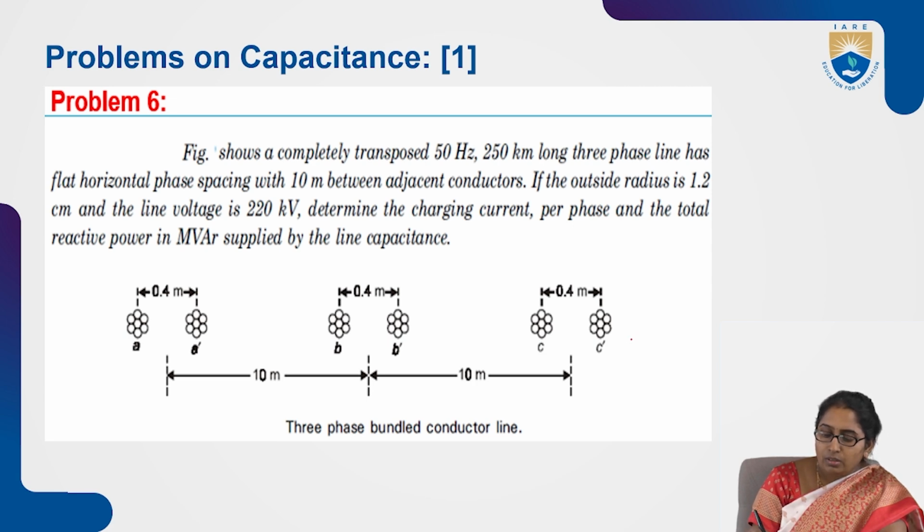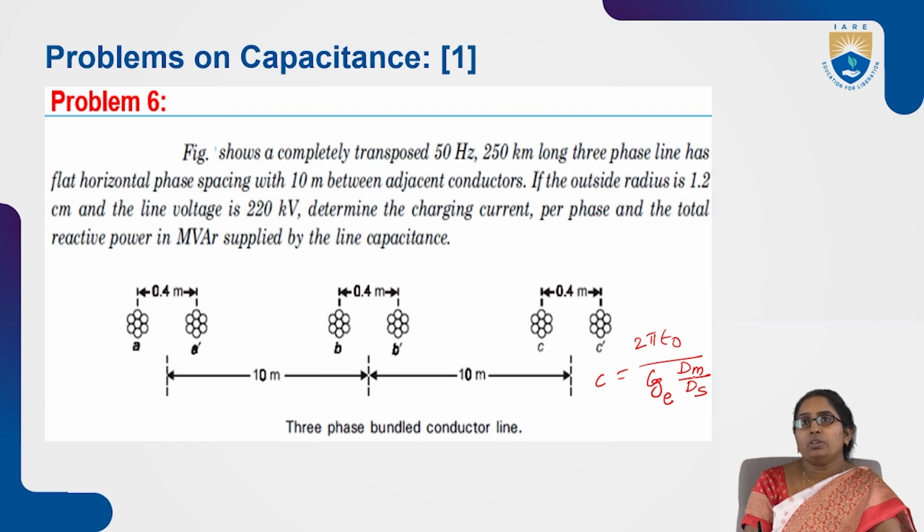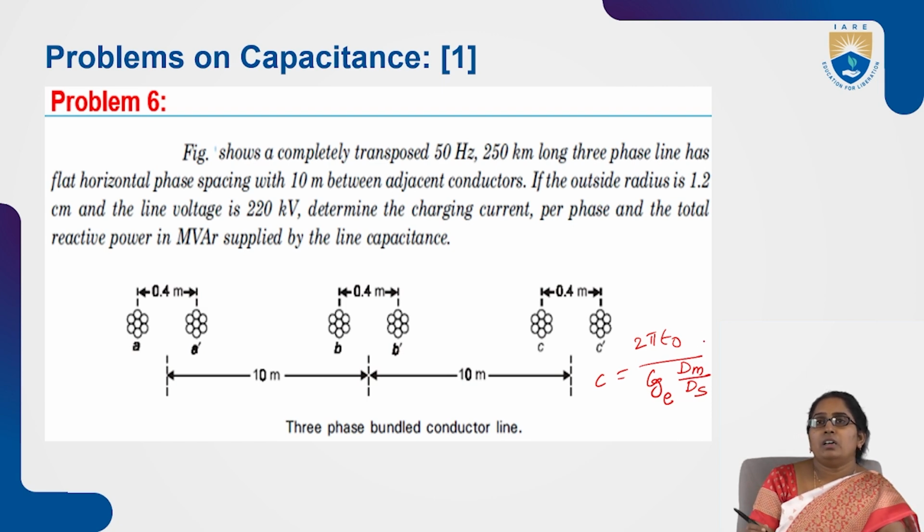What is the expression? 2 pi epsilon naught by log base e of Dm by Ds for a double bundled conductor like this. First we need to calculate Dm, the mutual GMD; Ds is the self GMD.